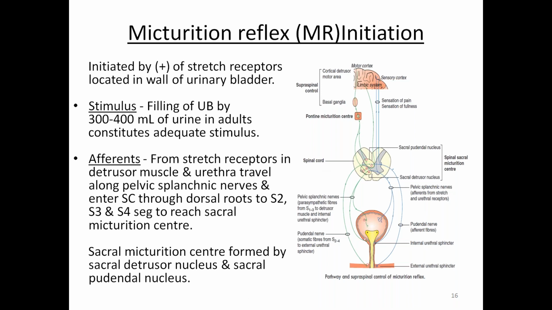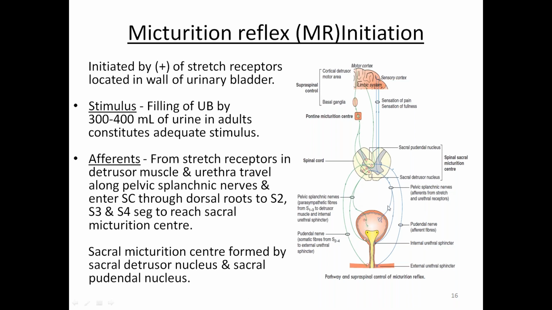Then let's talk about afferents. As I said, the micturition reflex is a spinal reflex. The afferents from the stretch receptors in the walls of the detrusor muscle and urethra travel along the pelvic splanchnic nerves. So these are your pelvic splanchnic nerves.